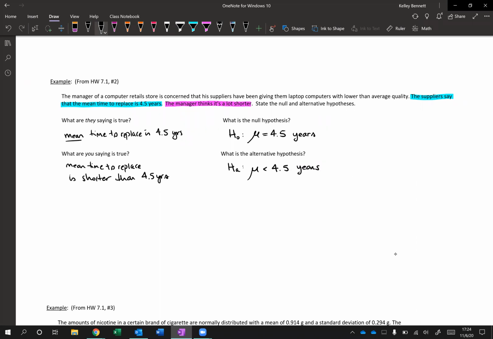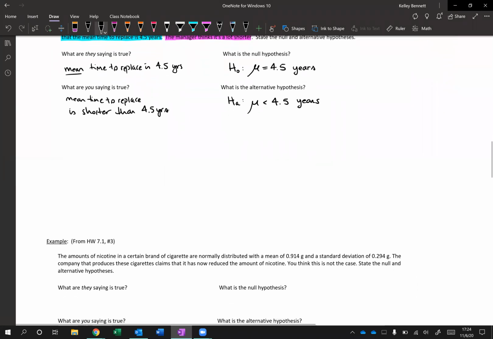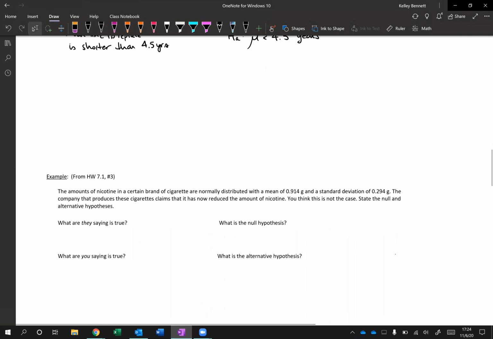years. And then another relic from 7.1, the amounts of nicotine in a certain brand of cigarette are normally distributed with a mean of 0.914 grams and a standard deviation of 0.294 grams. The company that produces these cigarettes claims that it now has reduced the amount of nicotine.